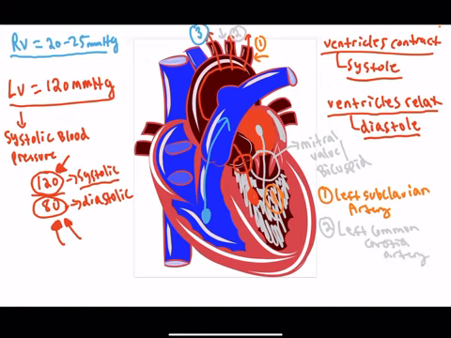And last but not least, the first branch off the aorta that we see here, 3, is going to be called the brachiocephalic trunk, or the brachiocephalic artery, whichever one's fine.